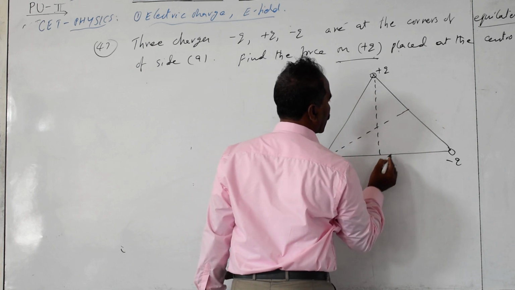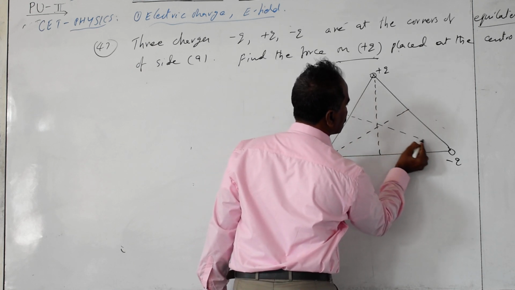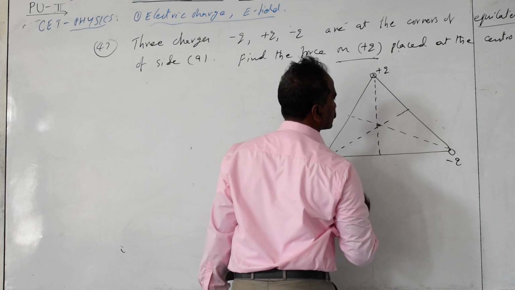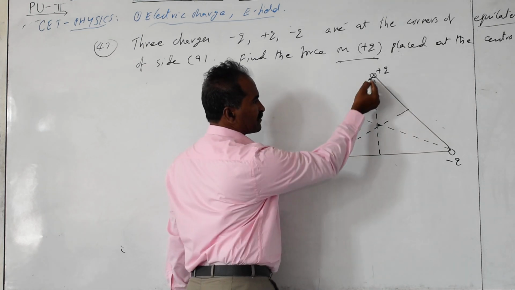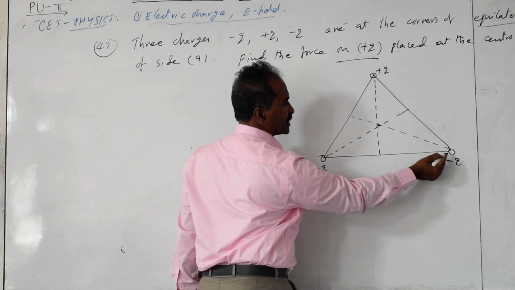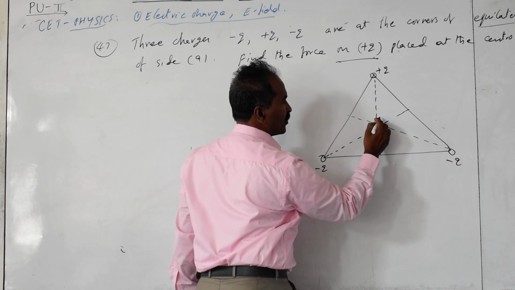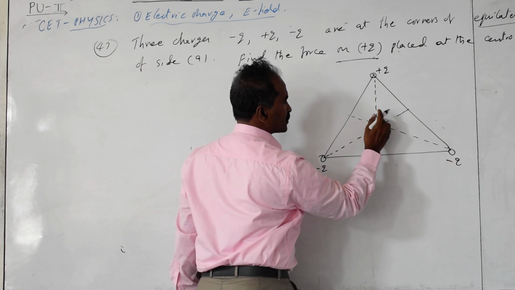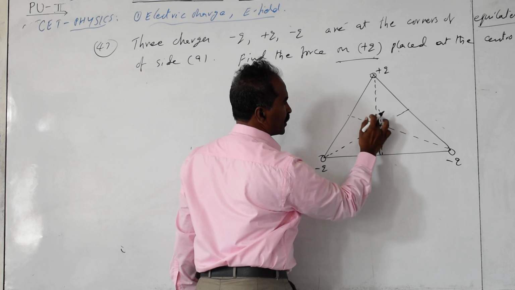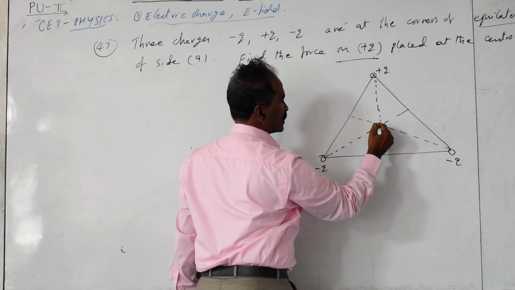How do you get the centroid? It's called the geometric center. If you join the midpoints of each side to the opposite corner, they intersect at a point. That point is the centroid.